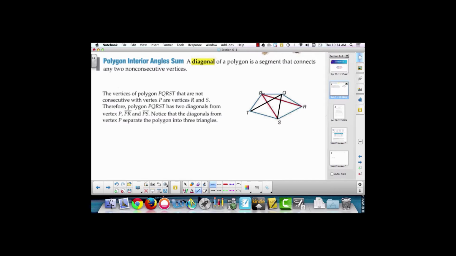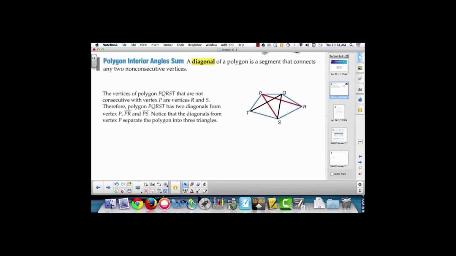Again, QP is a side of that polygon and not a diagonal, as well as QR is a side and not a diagonal, because P and R are right next to Q. Since T and S are not right next to Q, the segments that connect Q and T and Q and S are diagonals. This particular polygon has two diagonals coming from each vertex.